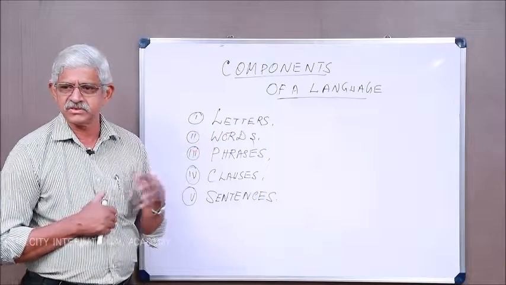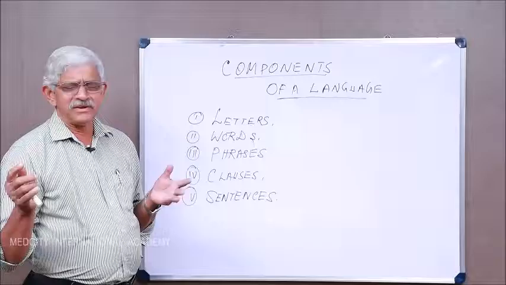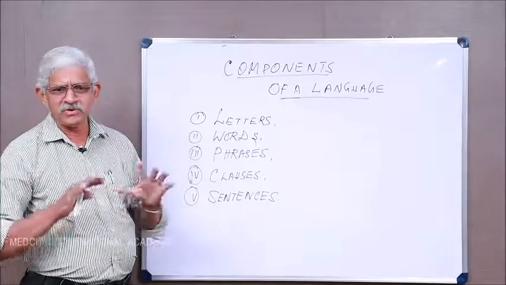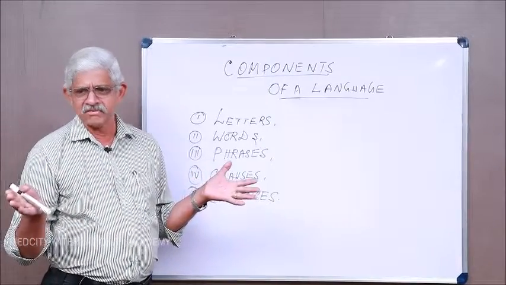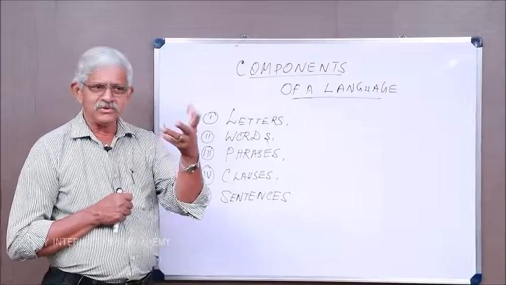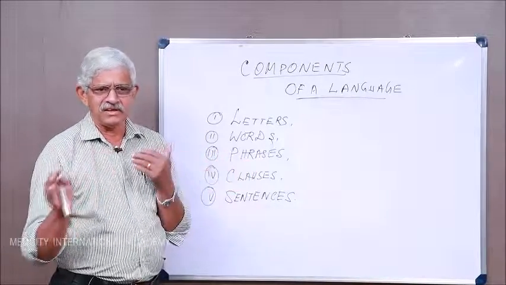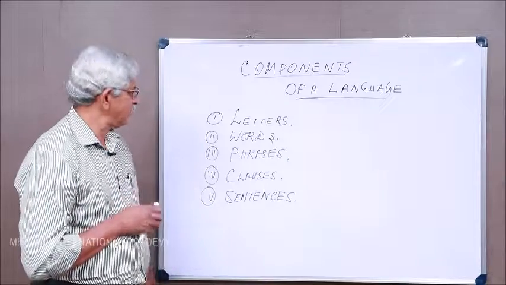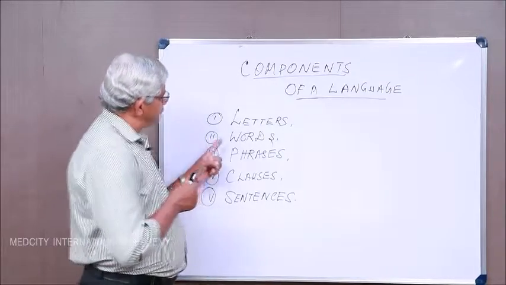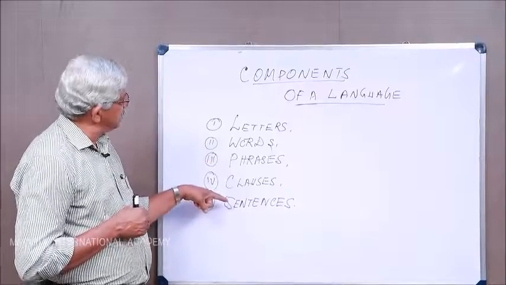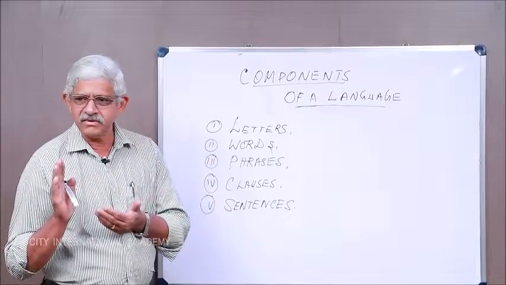I don't have to tell you more about these letters because you know how many letters are in the English alphabet, and you also know that they are divided into 2 groups, the vowels and the consonants. Alright. Then from the next stage onwards we need a little detailed understanding.